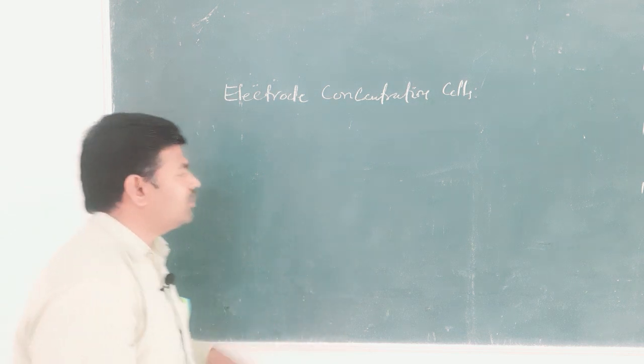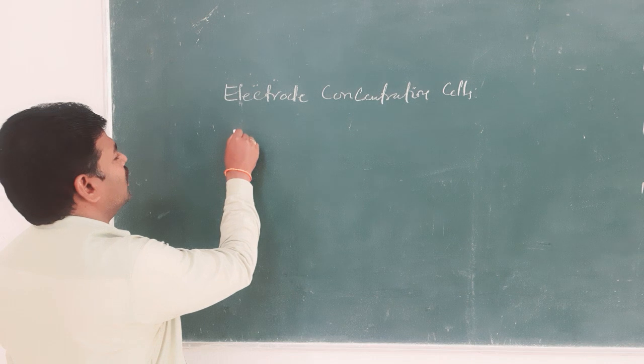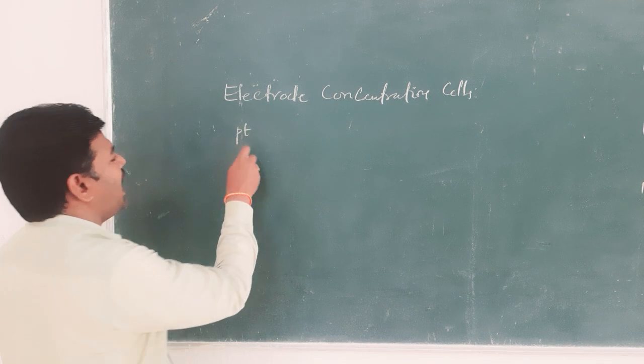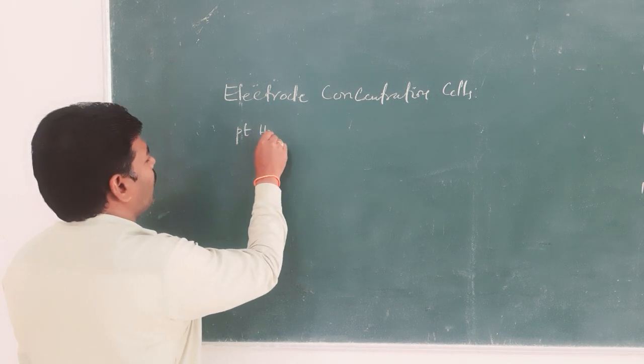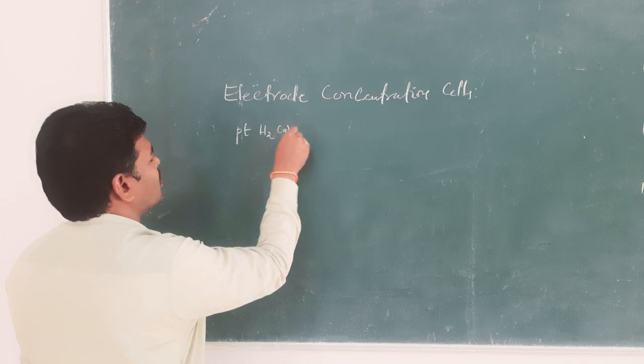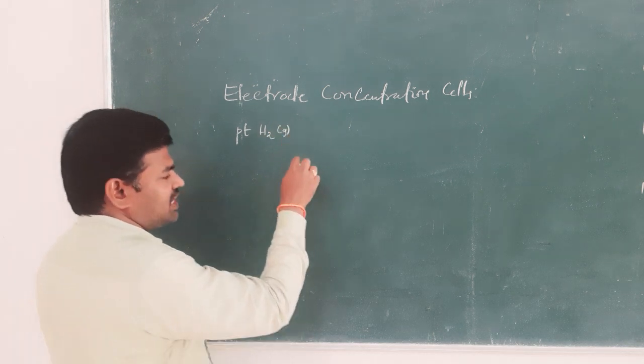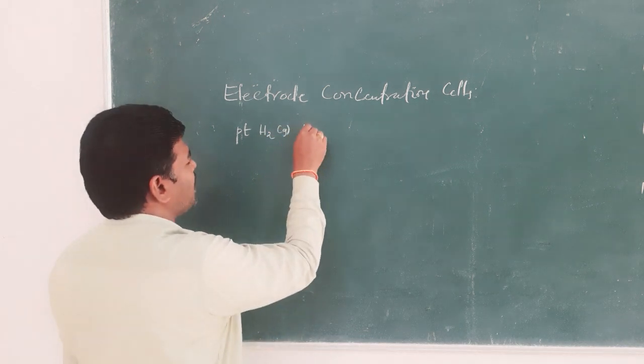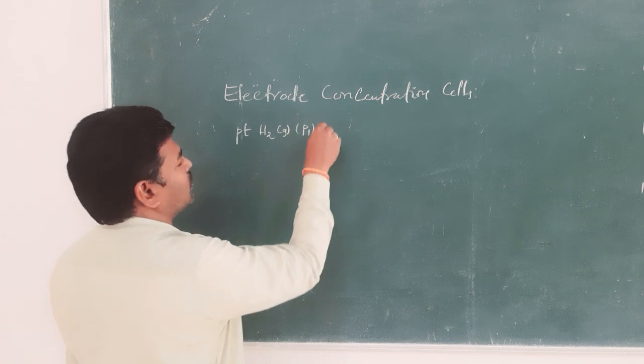That is, we take a hydrogen electrode, platinum, H2 gas, let the pressure be P1 at this electrode.